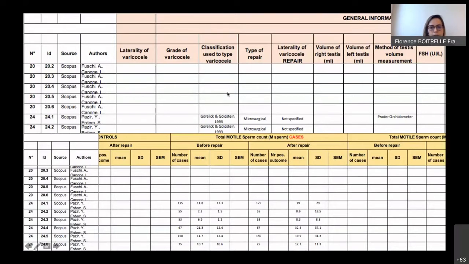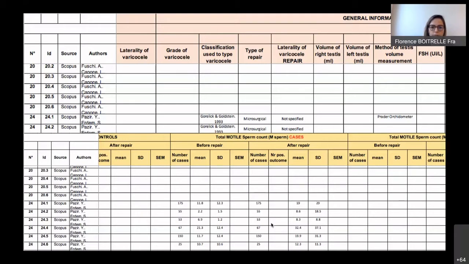You can see that we worked hard, because for each article we had to put, for example, the laterality of the varicocele, its grade, what classification was used, what the type of repair was, and numerical data, such as total motile sperm count. We had to put numerical data for each article or each group of patients. So it was hard work, but we succeeded, as I said.